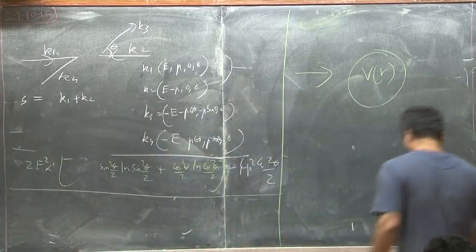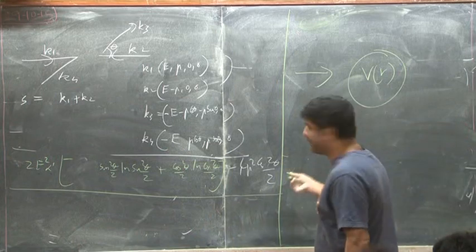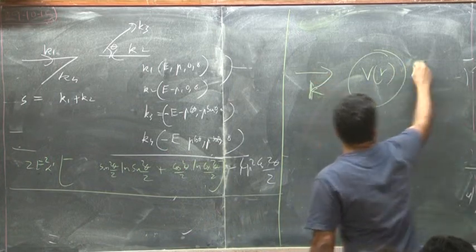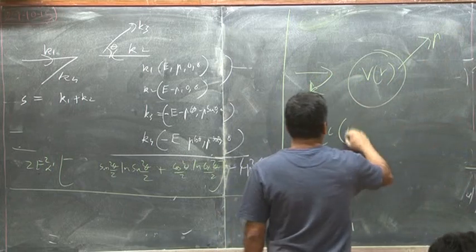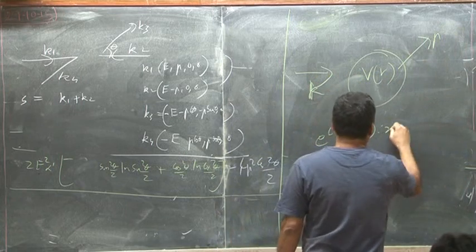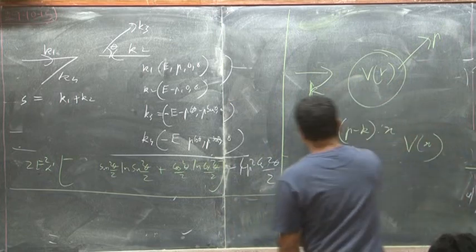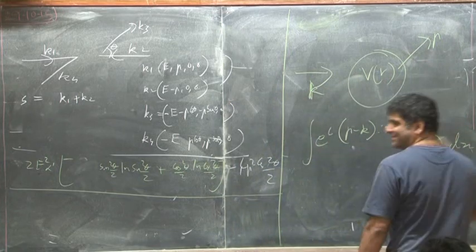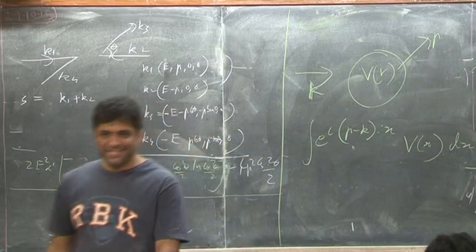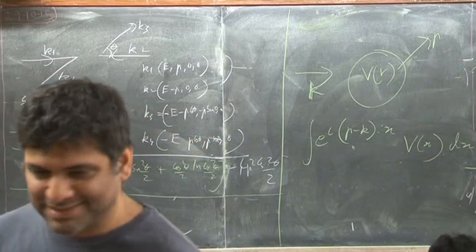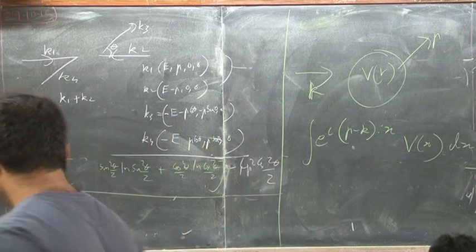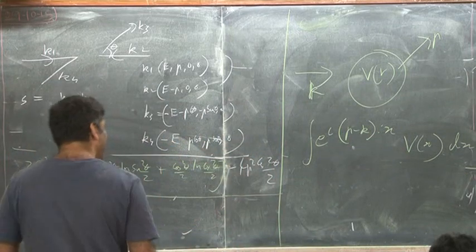So suppose you've got k coming in and p going out. Then what you're supposed to do is integrate e to the power i (p minus k) dot x V of x dx. This thing is supposed to give you the scattering amplitude. This you all remember from your quantum mechanics courses.